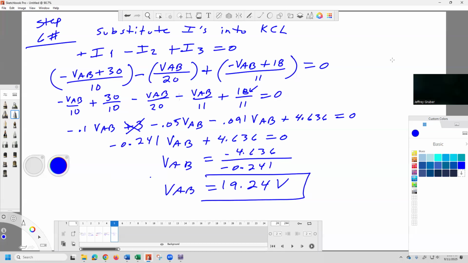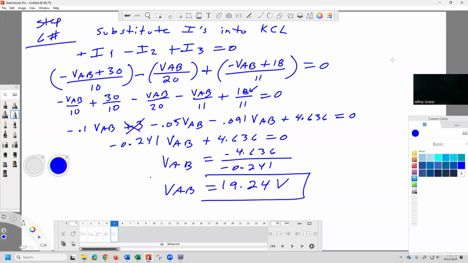Oh, it might be in here. Superposition. Right here. 3.85. 3.65. So that could be attributed to a rounding error. So I did figure it out.